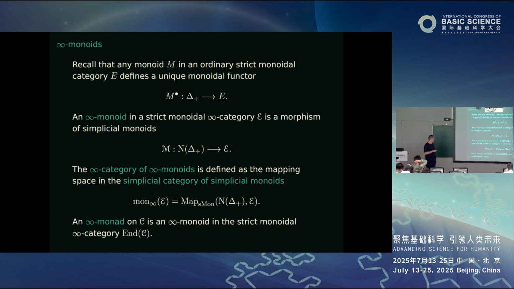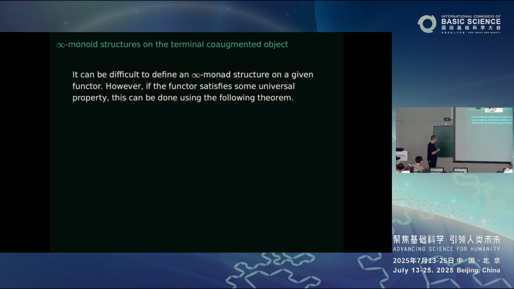Okay. And as usual, the definition of infinity monad can be reduced to infinity monoid. An infinity monad is an infinity monoid in the strict monoidal infinity category of functors. I already told you that it is difficult to define the structure of infinity monad on the Bousfield-Kan completion, but this is a general problem in some sense.